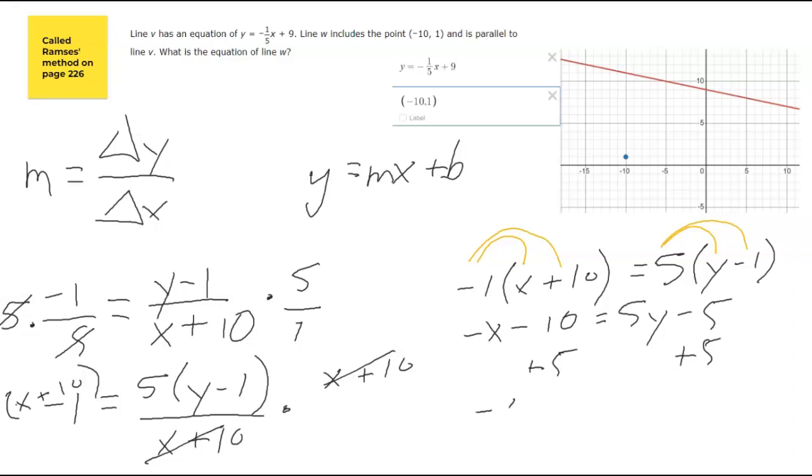So negative x, and then negative 10 plus 5 is negative 5. Negative 5 plus 5 is 0. That's exactly what we wanted. These equals 0. So 5y plus 0 is just 5y. And then to get y by itself, we're going to divide by 5. So we're dividing this whole thing by 5.